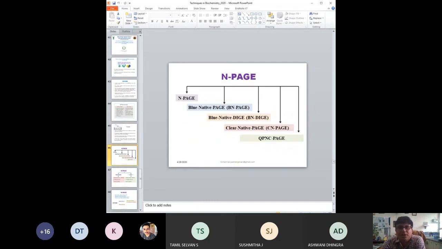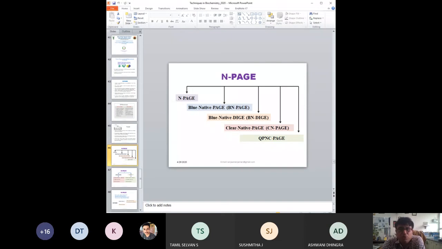Now coming to the classifications of native PAGE. Native PAGE has been broadly classified into 5 different types. First one is N-PAGE, which is basically normal native PAGE, the basic native PAGE which we are using in our lab. Then you have another method which is very popular, and a lot of publications are now coming, and people are using this specifically for membrane bound proteins.